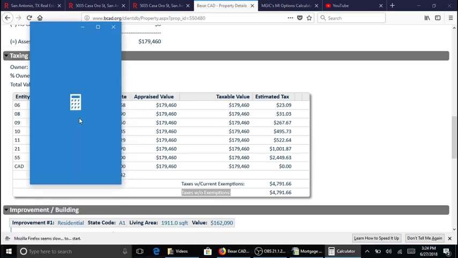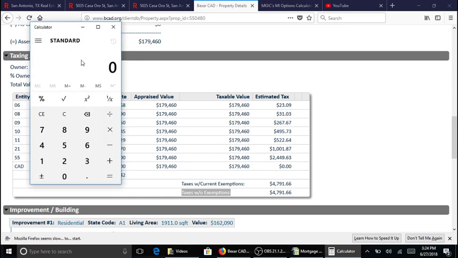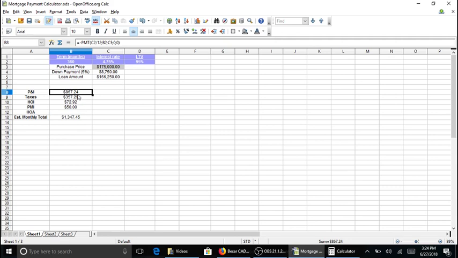We use our trusty little calculator here. 4791.66 divided by 12. That's $399.31. We'll plug that in under taxes.